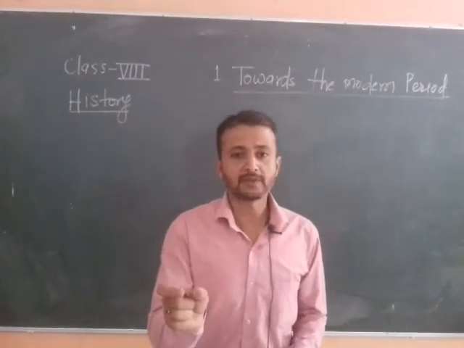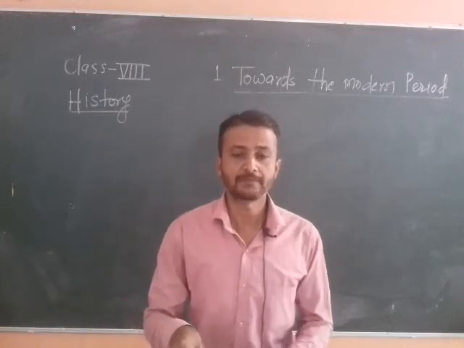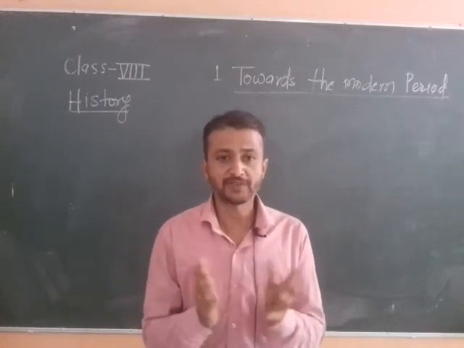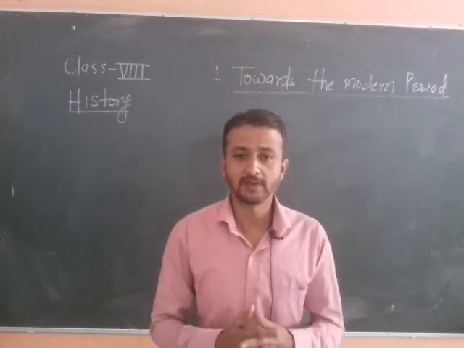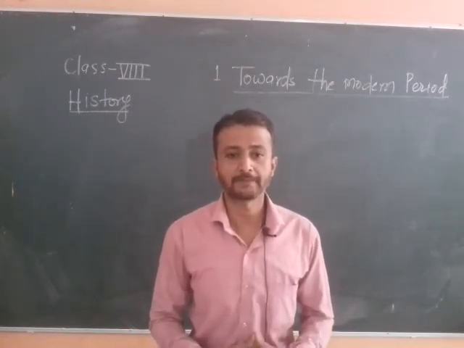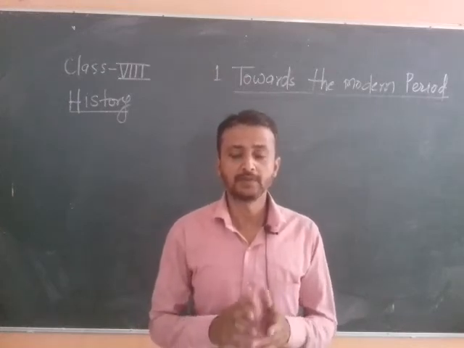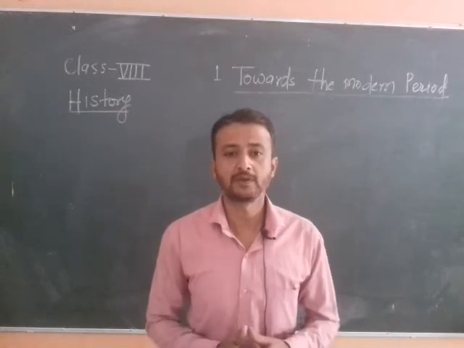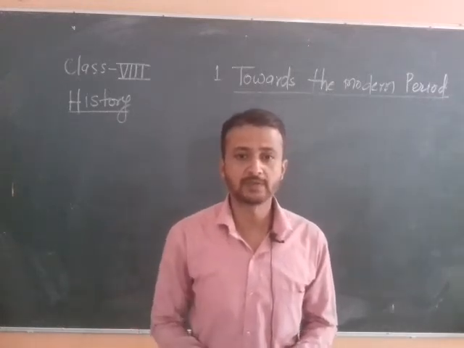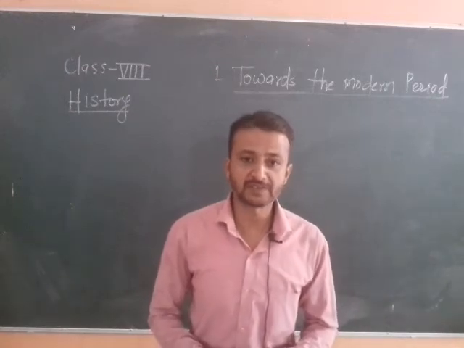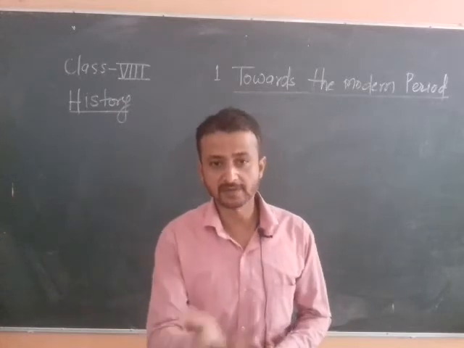So modern period usually refers to recent times, and there are some features of modern period like industrialization, science and technology, discovery of different places through sea routes, communication system we have discussed, and factories, which came up due to industrialization.